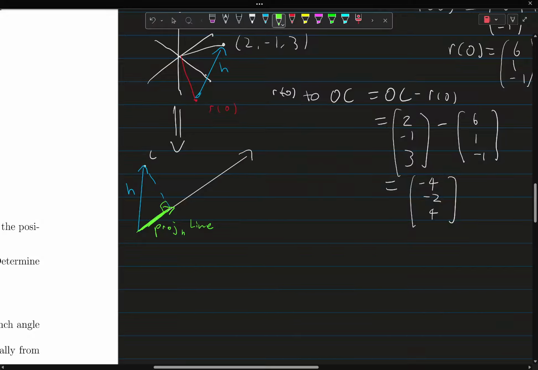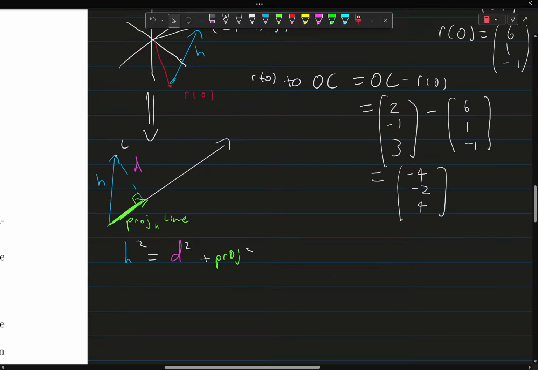So we have that distance being d, which is what we're trying to find. So we have h squared equals d squared plus projection squared. Now it doesn't matter what point you choose, because the projection will change accordingly. Does that make sense to everyone?